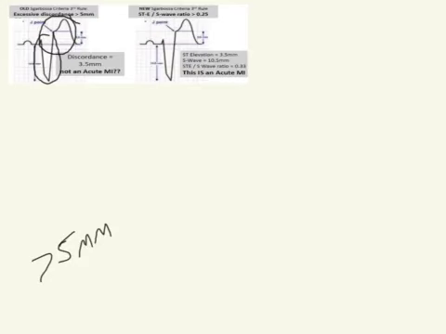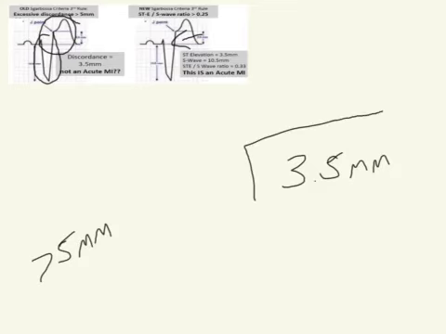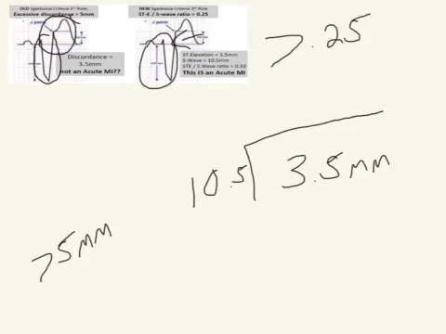So what we do is we look at the amount of elevation that we have. So we'll say this is 3.5 millimeters, and that's going to go in our box. We're going to divide that by our S wave, which in this one is 10.5. And if the ratio between these two is greater than 25%, then we can say that yes, that is a STEMI.